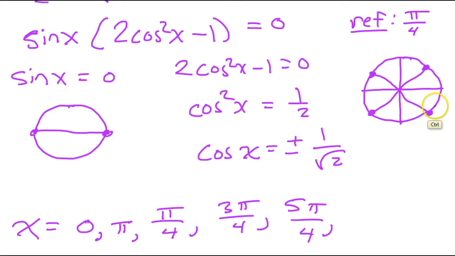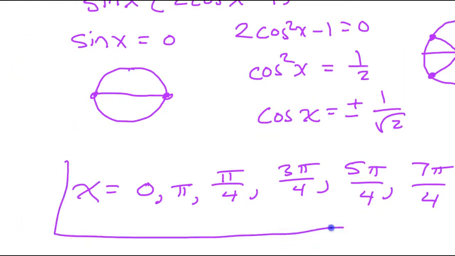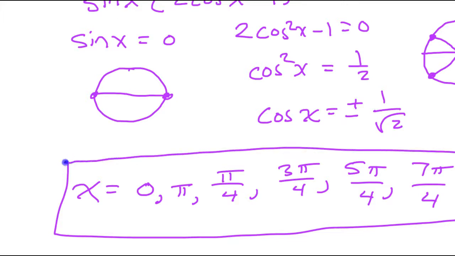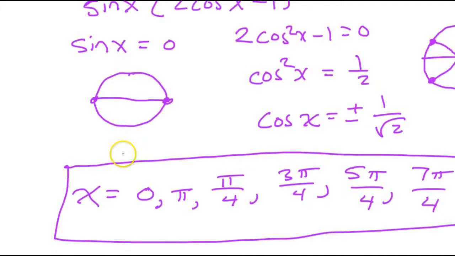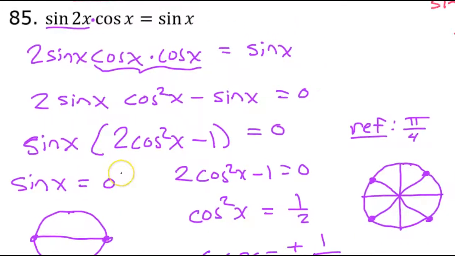And then the last one is 7 pi over 4. Okay, so all of these are solutions, and we'll keep them all. So that was it for number 85.